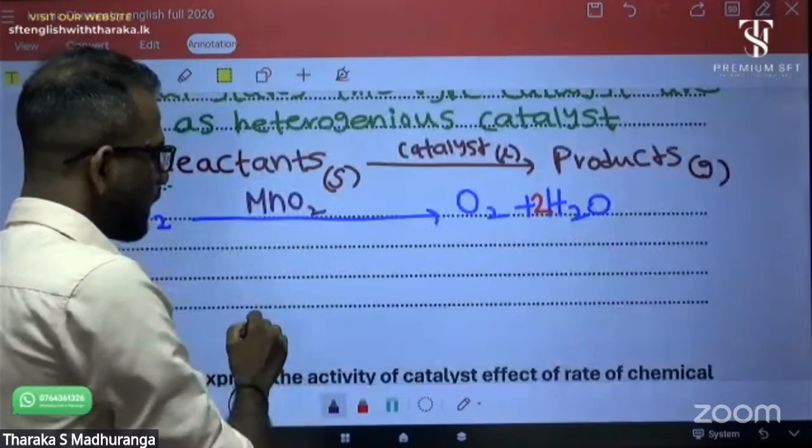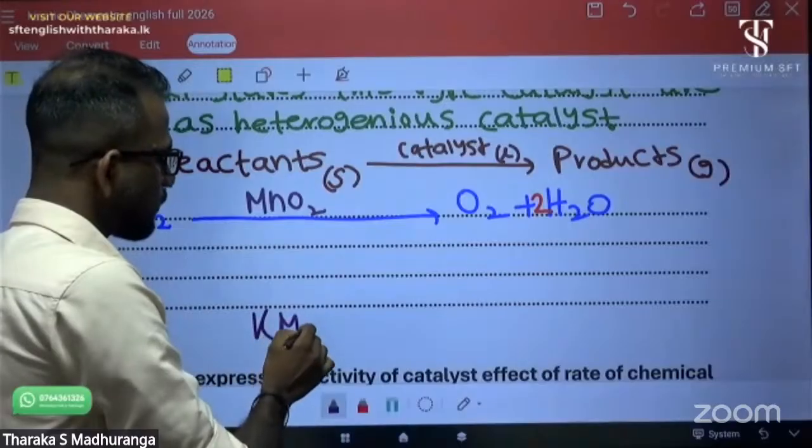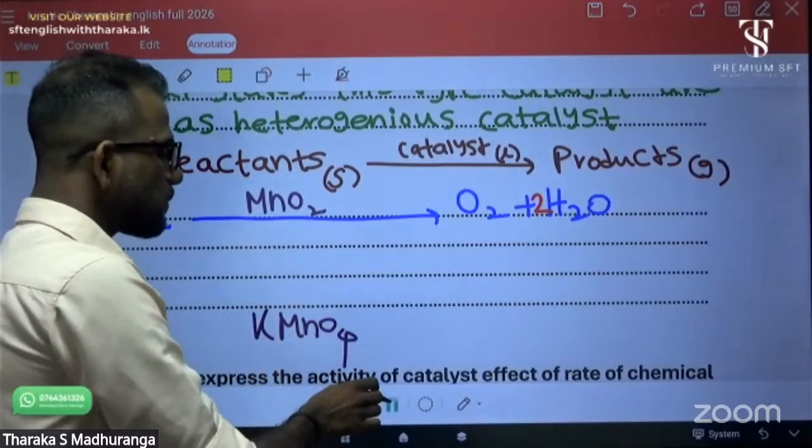If you got KMnO4, that's potassium permanganate.